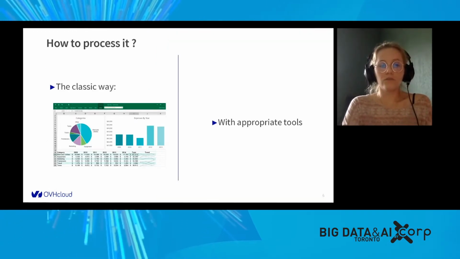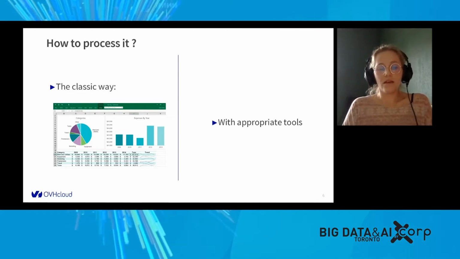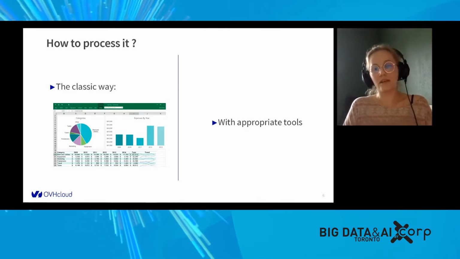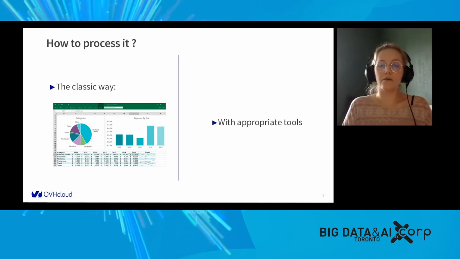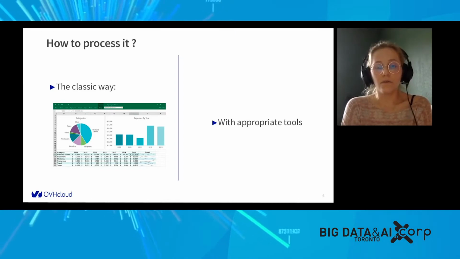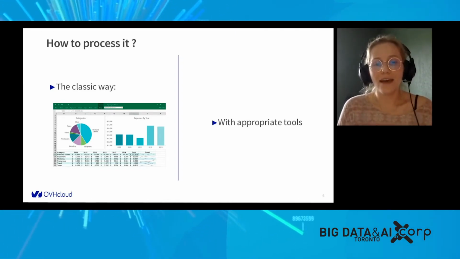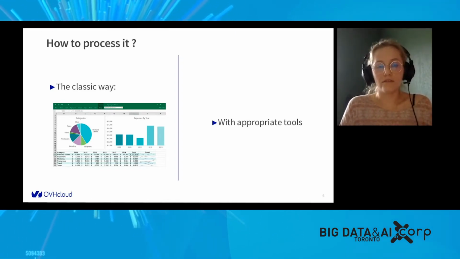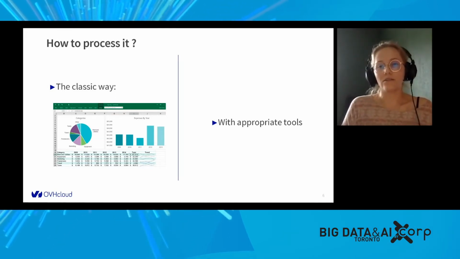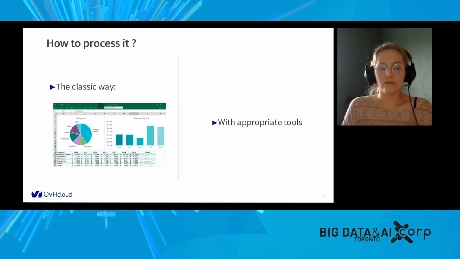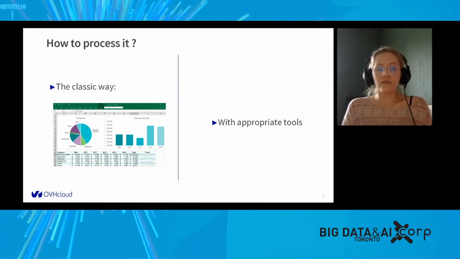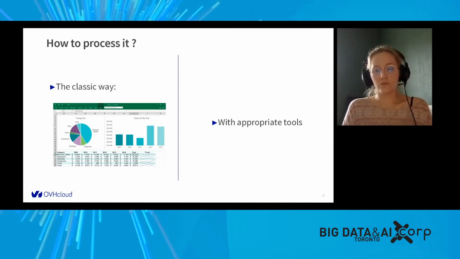What we usually do when we want to process data is that we take our spreadsheet software, like Excel or our relational databases. But in the case of the big data, you may have billions of lines of data, or even worse, you can have no line at all, but videos or audio tracks or images. And in those cases, the traditional tools are not enough to process it.